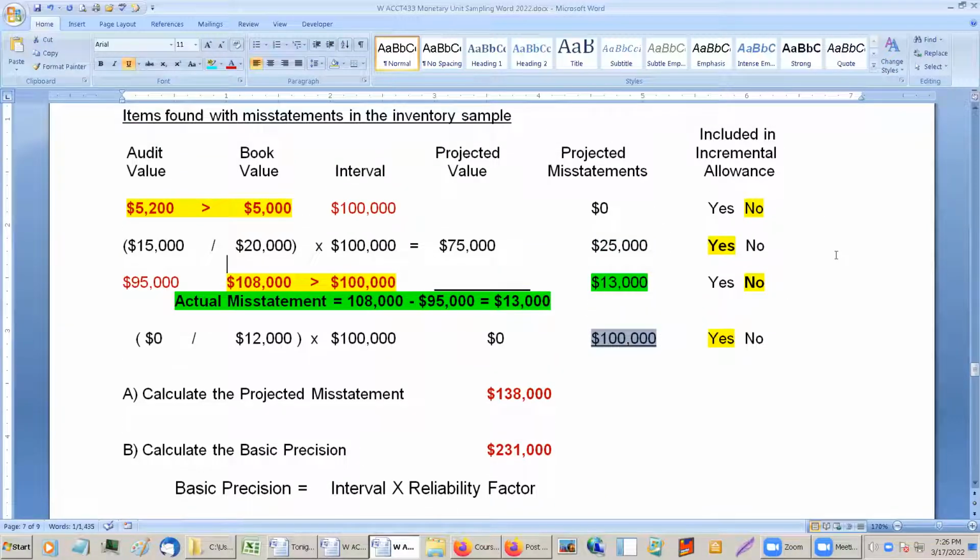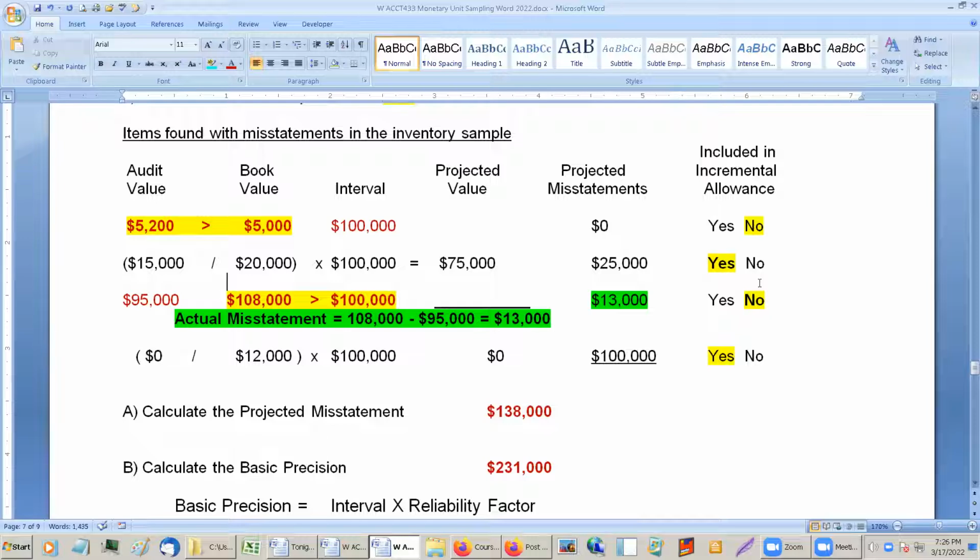Now, how many incremental allowance factors do we need to calculate? 3. Actually, just 2. These 2, this and this one. This one's a no. It's not going to go in the incremental. As long as you didn't put it in there, that's fine. So really, the 100,000 and the 25,000 are the only ones we're going to have.